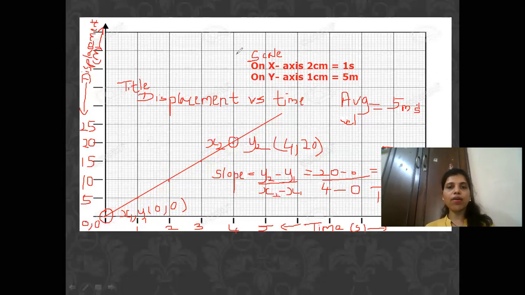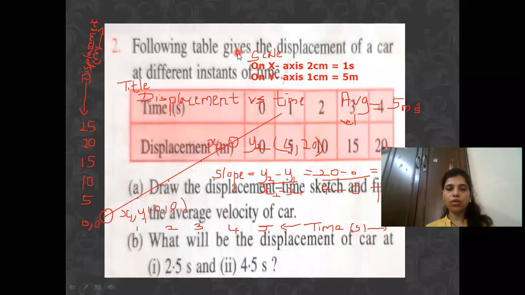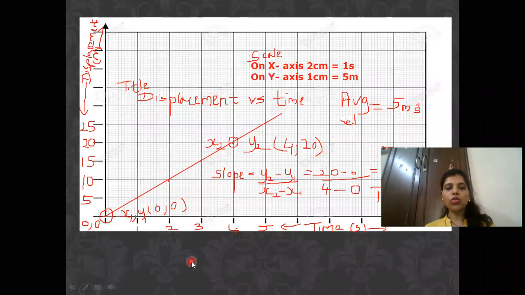Now let us see what they have asked us next. Now next they have asked us, what will be the displacement of the car at 2.5 seconds and 4.5 seconds. So what will be the displacement after 2.5 seconds?